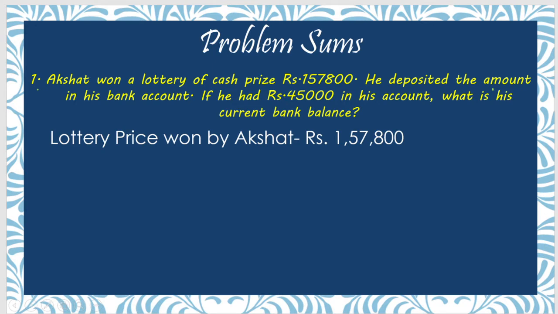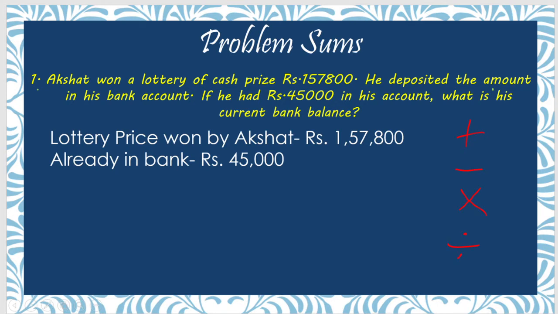The statement for this is: lottery prize won by Akshat is rupees 1,57,800. The amount already deposited in the bank is 45,000. So you'll write like this. The major part of the question is how to find out what we have to do. We have 4 mathematical operations: plus, minus, multiply, and divide.